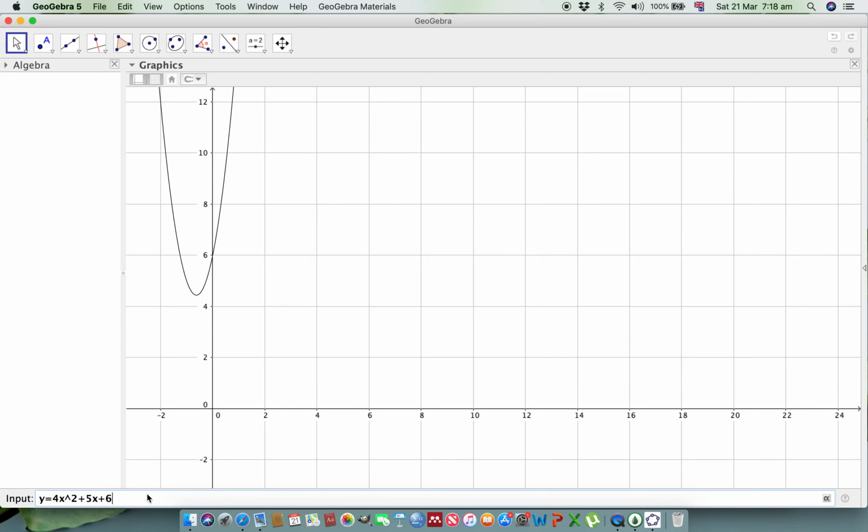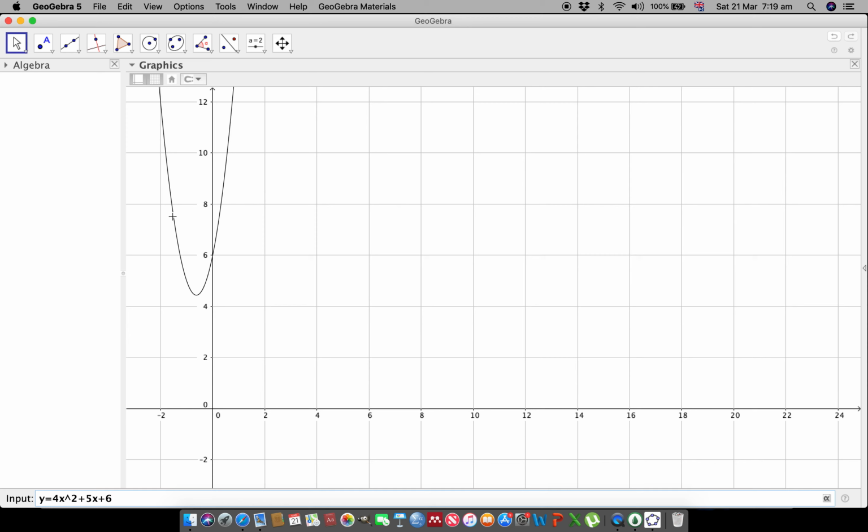We can see here this is our parabola, and the first derivative which we have is y prime is equal to 8x plus 5 for the slope.